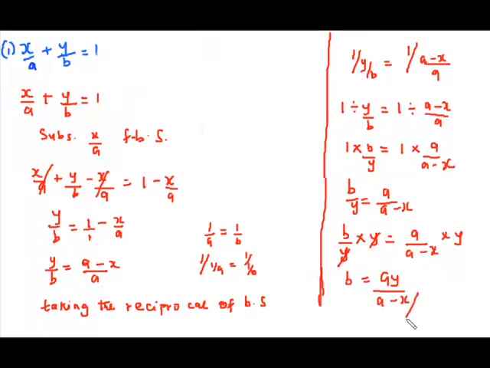So when b is the subject of formula of this equation, this is the form. So b is ultimately equal to ay divided by a minus x.